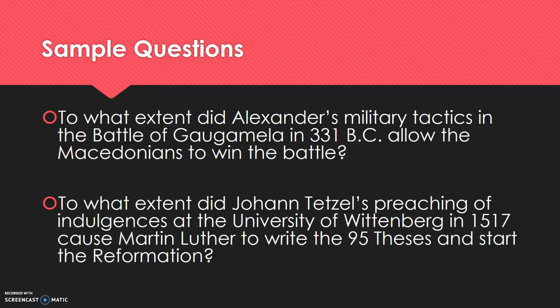Why did he kick off the 95 Theses as complaints against the Roman Catholic Church? What was he interested in? What were the reasons for this? And in his research, he kept seeing the name Johann Tetzel as this individual who perhaps was instigating a reaction from Martin Luther. And the student wanted to know how much that was the driving force.